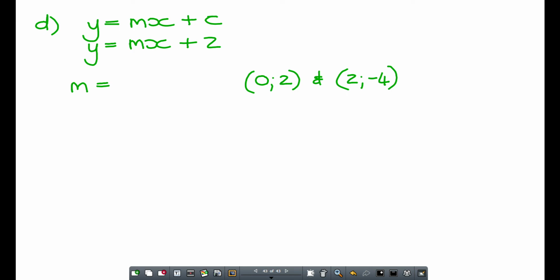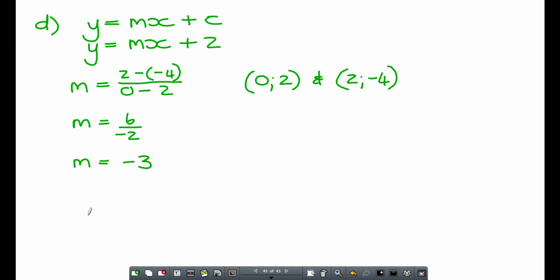So difference in y, I'm going to say 2 minus the minus 4 over 0 minus 2. That means that gradient will be 6 over minus 2, and that gives me minus 3. Those of you that used a different point, did you still get minus 3? Good.